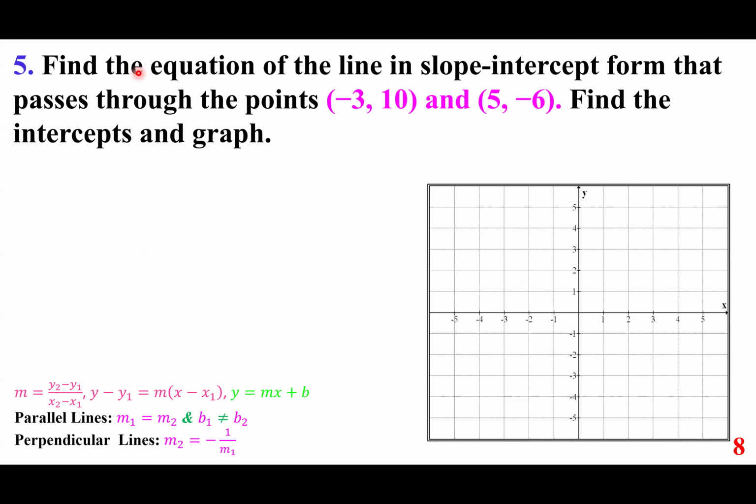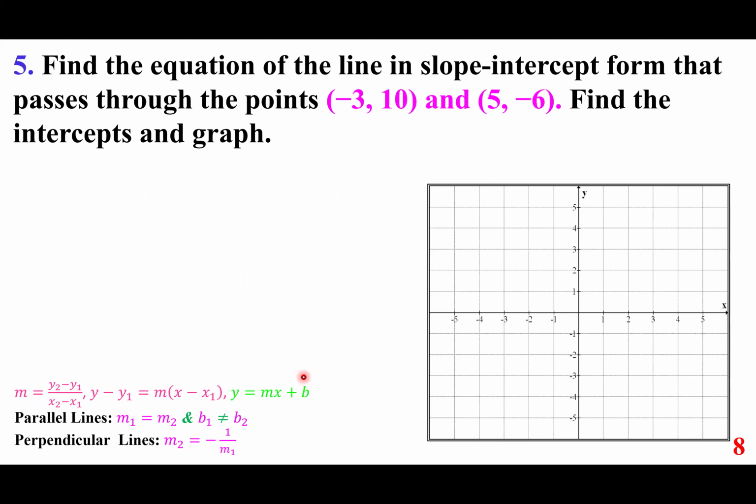Find the equation of a line in slope-intercept form that passes through the two pairs and find the intercepts and graph. First of all, I'd like to remind you of what we just did as far as various stuff, including the slope. So we need to find the slope first.